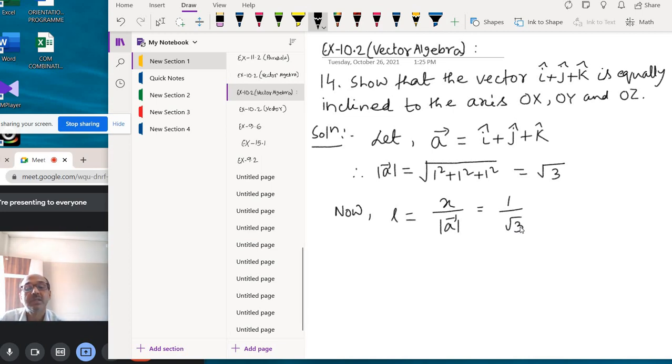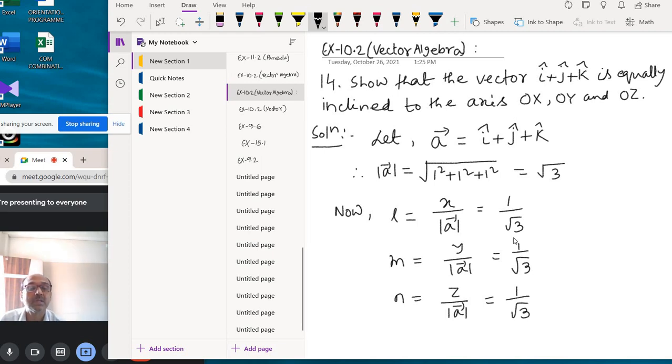Then m equals y by magnitude of A, equal to 1 by root 3. Then n equals z by magnitude of A, equal to 1 by root 3.